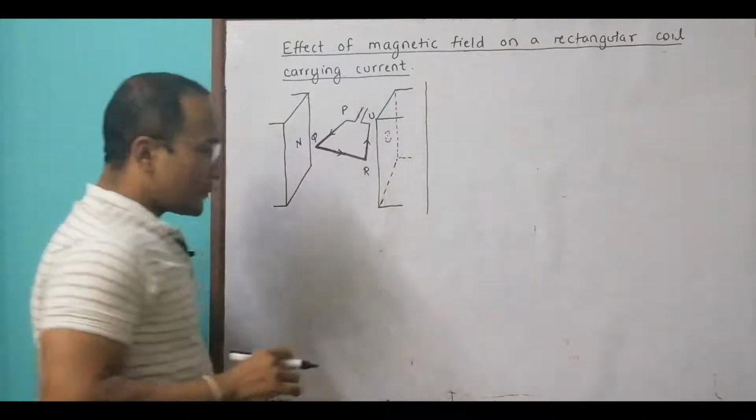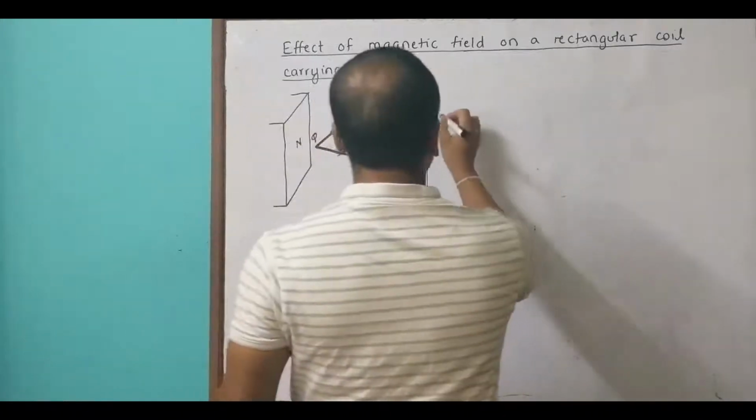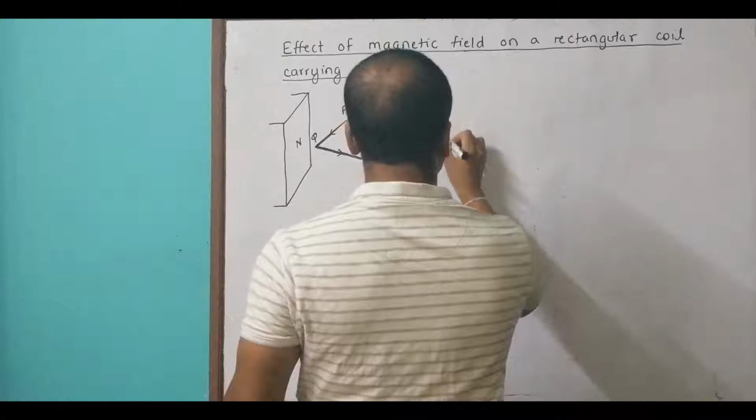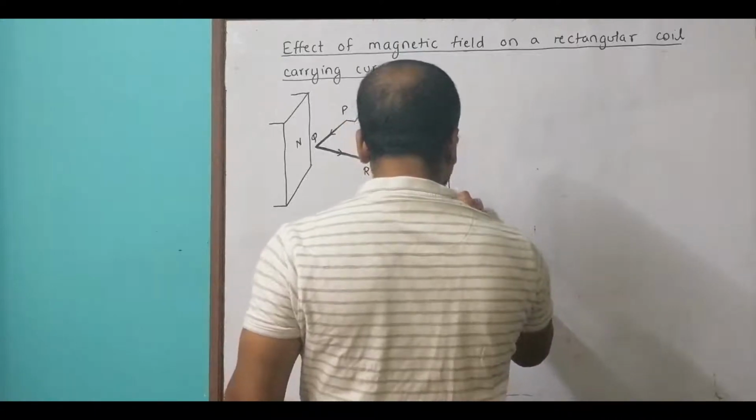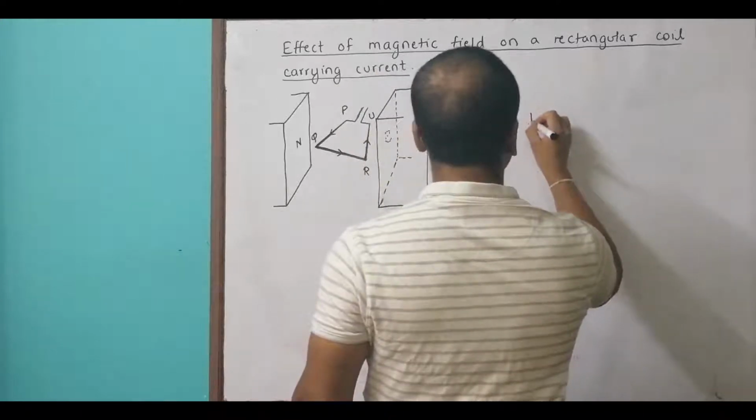This is the slanted view, and here it is the direct view. In the direct view, I will be seeing only QR, and nothing else. So it is north, and this should be south.